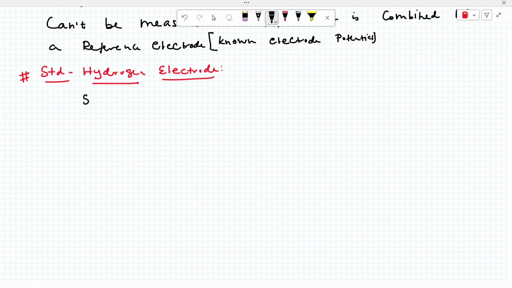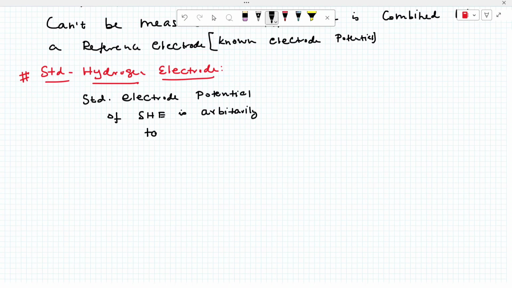The standard electrode potential of SHE is arbitrarily taken as 0. Understood? Pay attention.